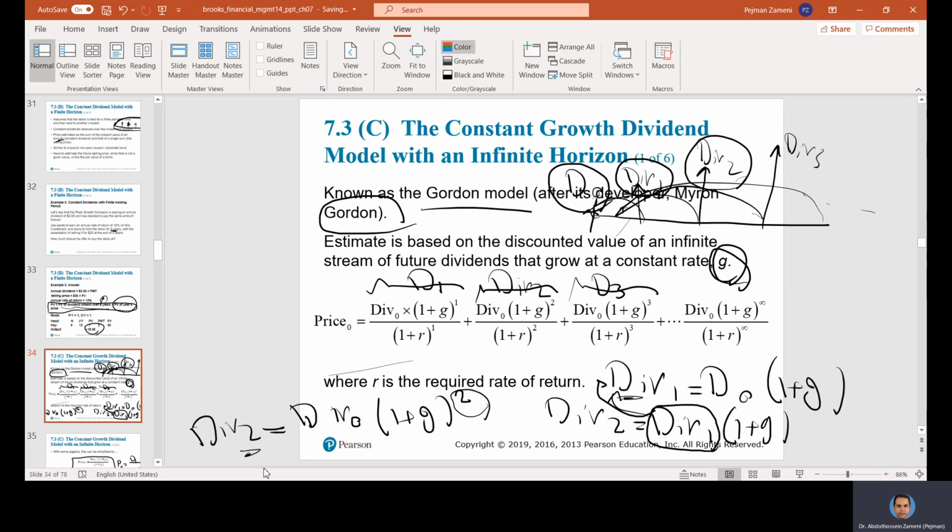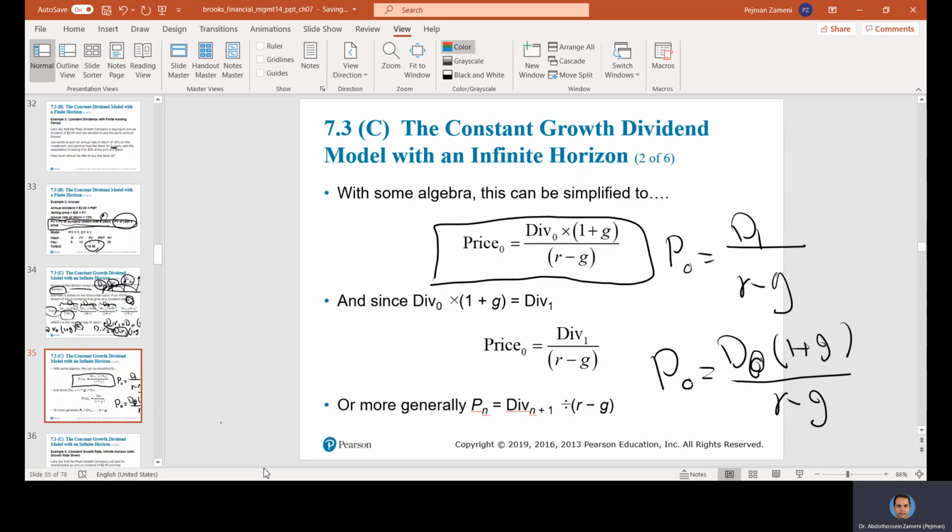That's why in here you see dividend 0, but the power keeps changing. That's the logic behind it. And of course, we discount back all these dividends to the present time in order to find the price or intrinsic value of the stock.